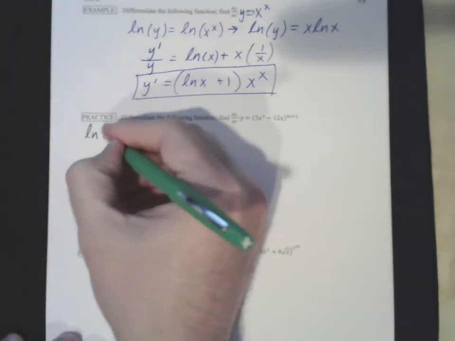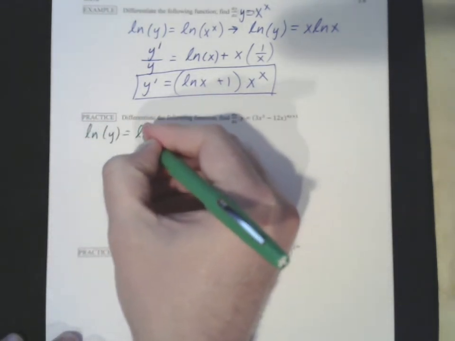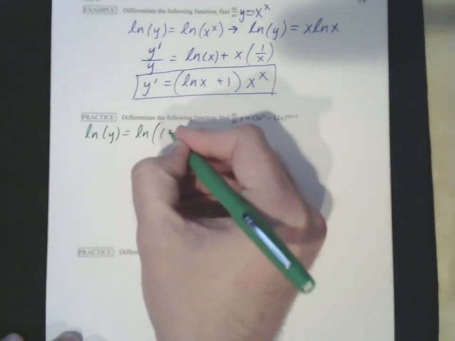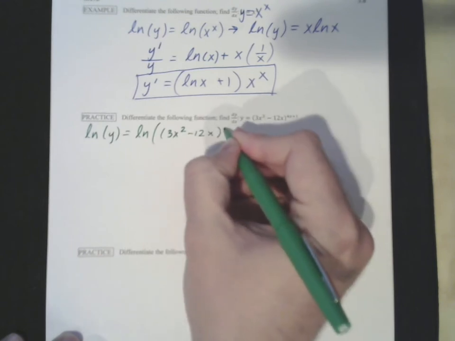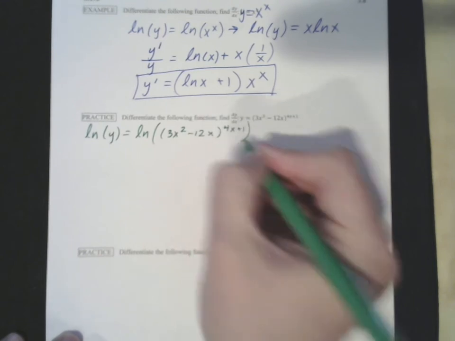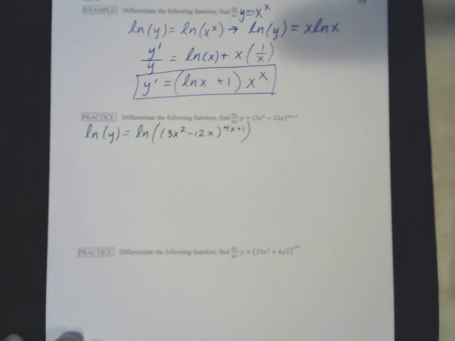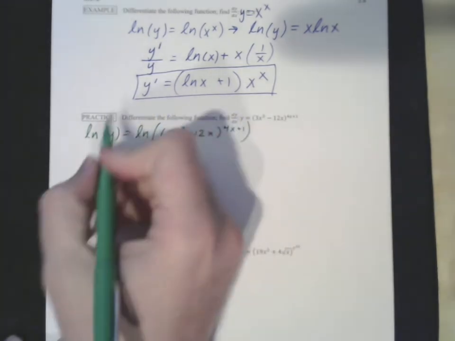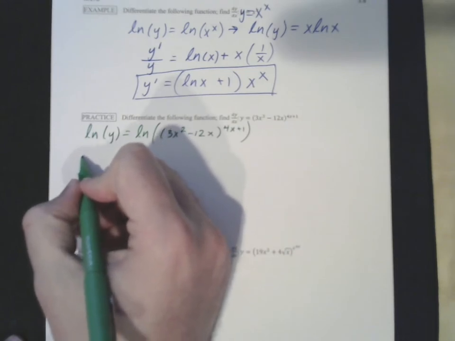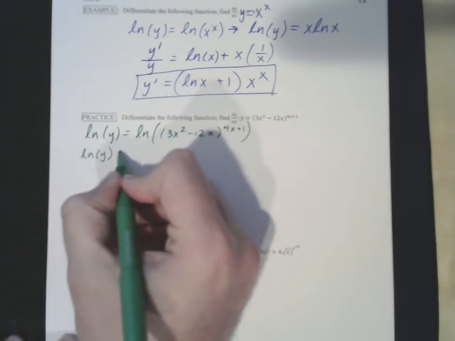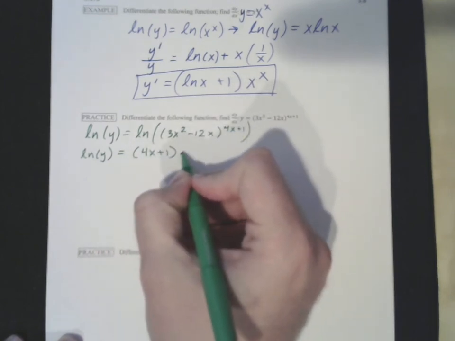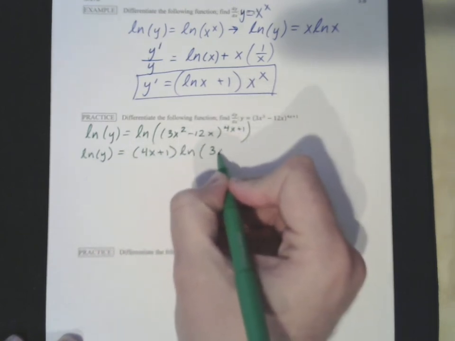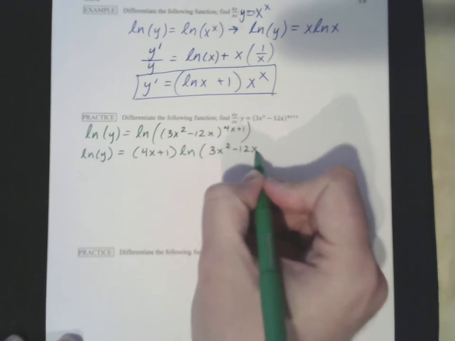So this one's ln of y equals ln of 3x squared minus 12x to the 4x plus 1. So at this point, you should be pausing the video, trying this out. I'll walk through it now. So this is ln of y equals 4x plus 1 times the ln of 3x squared minus 12x.